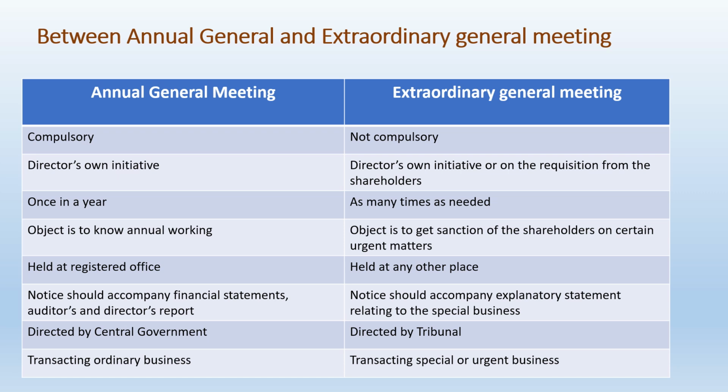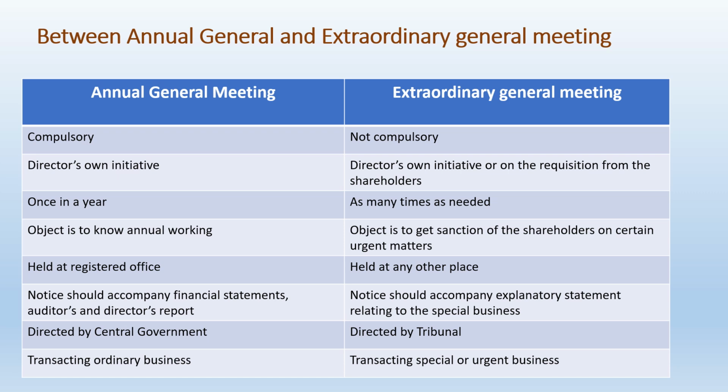The notice of an annual general meeting is accompanied by certified copies of balance sheet and profit and loss account, auditor's report, and director's report. On the other hand, the notice of the extraordinary general meeting is accompanied by an explanatory statement giving all the material facts relating to the special business to be transacted at the extraordinary general meeting.